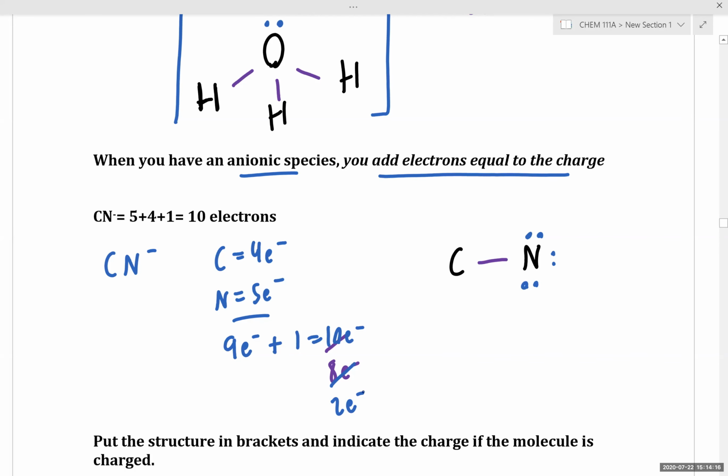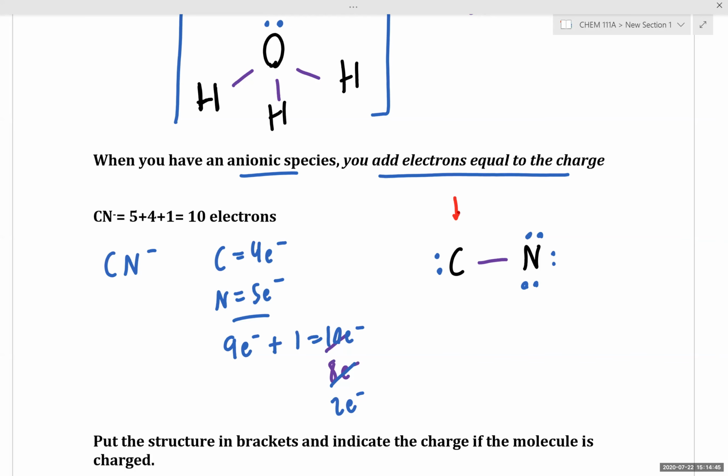Where do we place our remaining electrons? Just to make sure everyone's following along with me. Carbon, yep. Okay, now what we're going to do, does carbon have a complete octet?